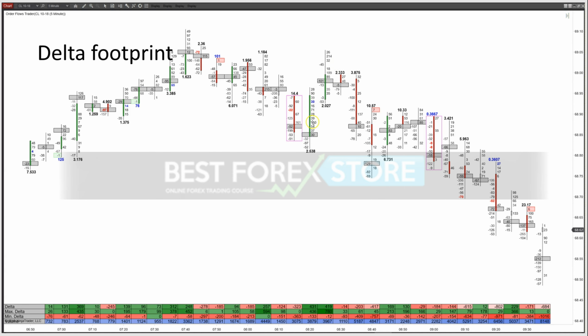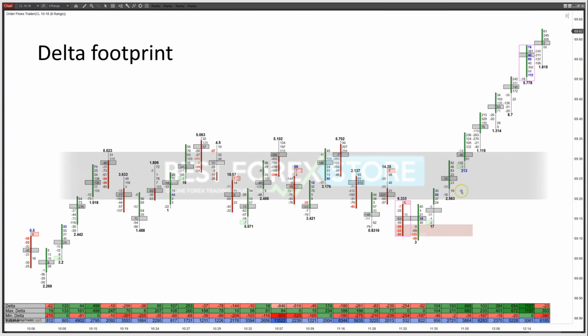In green candles, you'd expect aggressive buying on the way up, and on red bars you'd expect aggressive selling on the way down. And so you can see how it is. Mixed markets, you tend to get mixed bars.